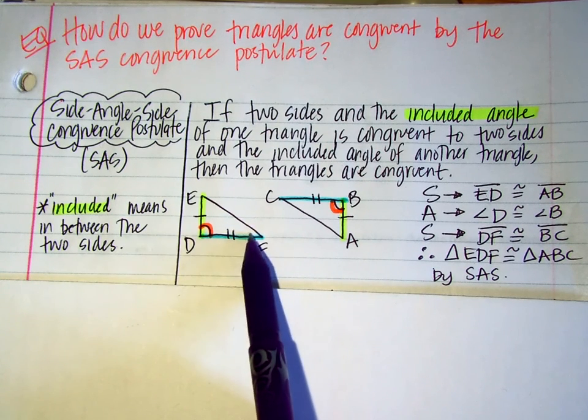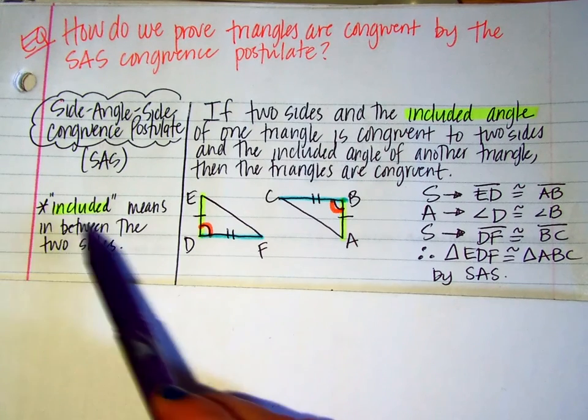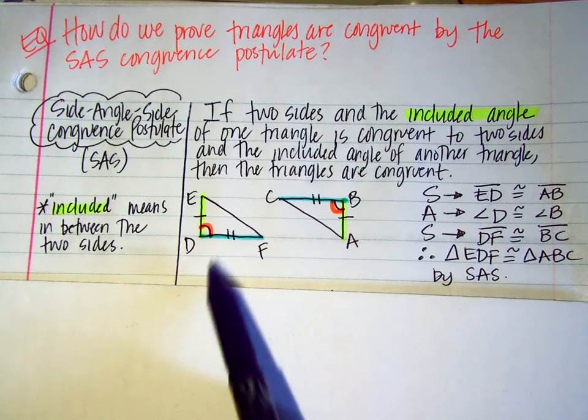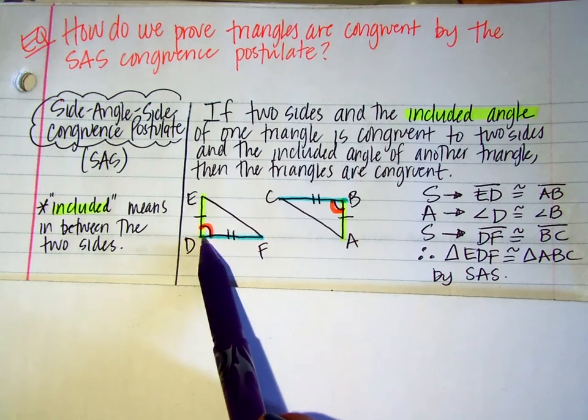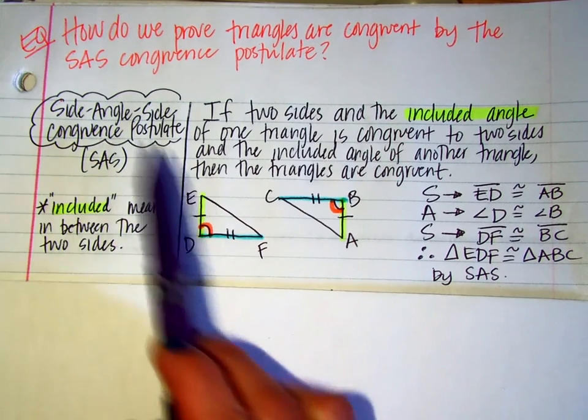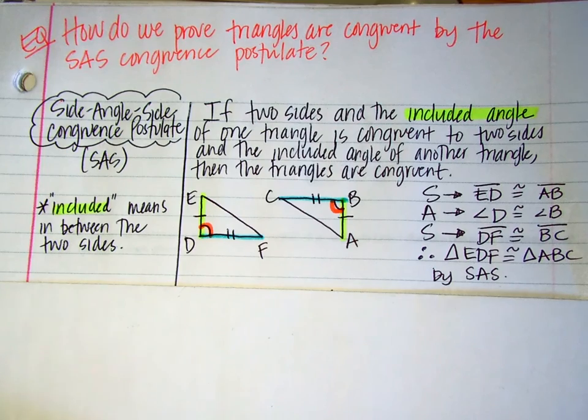The angle cannot be one of these other two because then it won't be wedged in. And that's what included means for us. So if your diagram does not have the angle wedged in between those two sides, then you cannot prove by the side-angle-side congruence postulate.